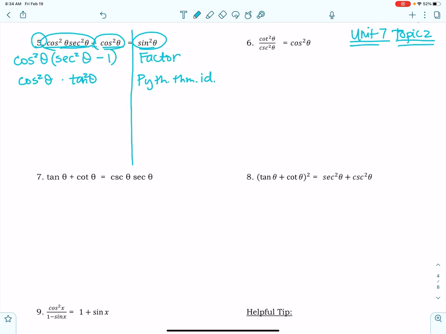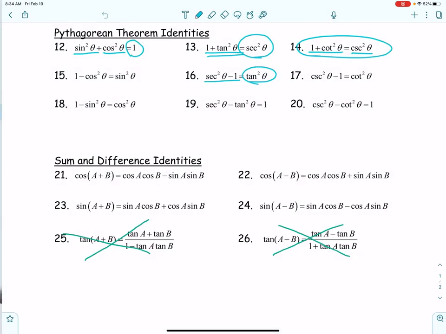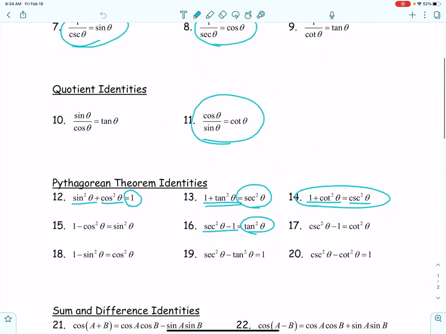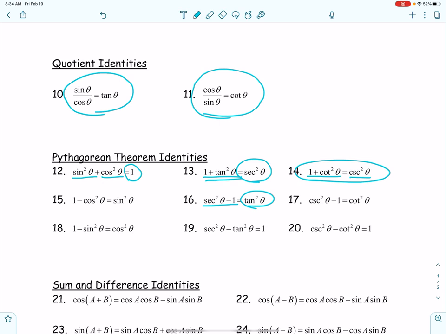And of course, what you can do is you can expand this so that you can see it easier. Sometimes it's easier to see what you're doing when you expand things. And then what you can do is you can change tangent because we need sine in our problem, and the easiest way to do that is, of course, to use our quotient identity because tangent can be written as sine over cosine.